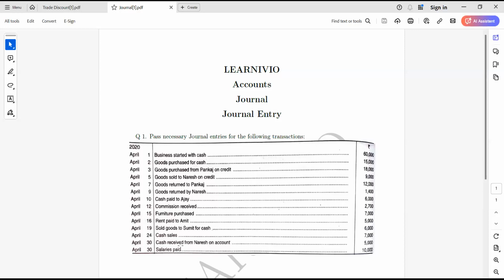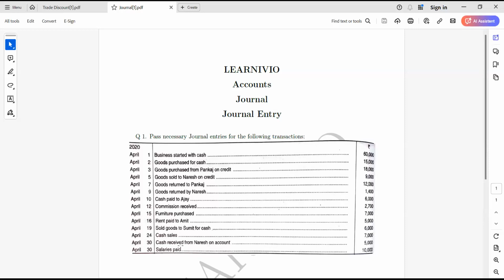If any transaction is mentioned here, it means one party is someone else and the second is you. So if goods returned by Naresh, Naresh is one party and the second is us. Naresh returned goods to us, so Naresh is the giver here. So Naresh will be credited.